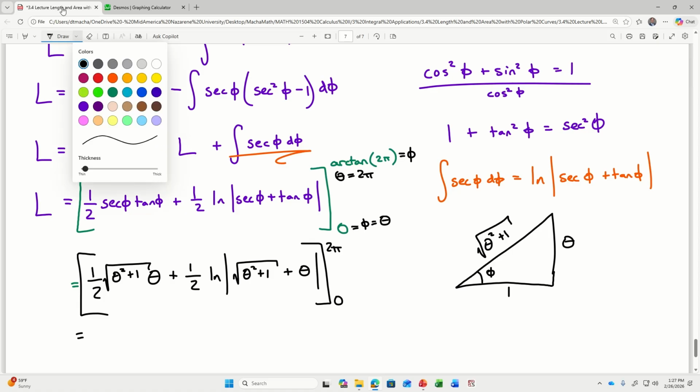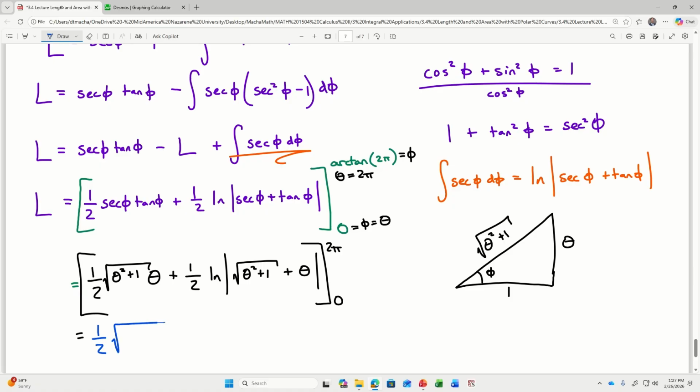I'm going to do the whole thing with 2 pi first. So this would be 1/2 square root of 4 pi squared plus 1 times 2 pi plus 1/2 natural log of square root 4 pi squared plus 1 plus 2 pi.